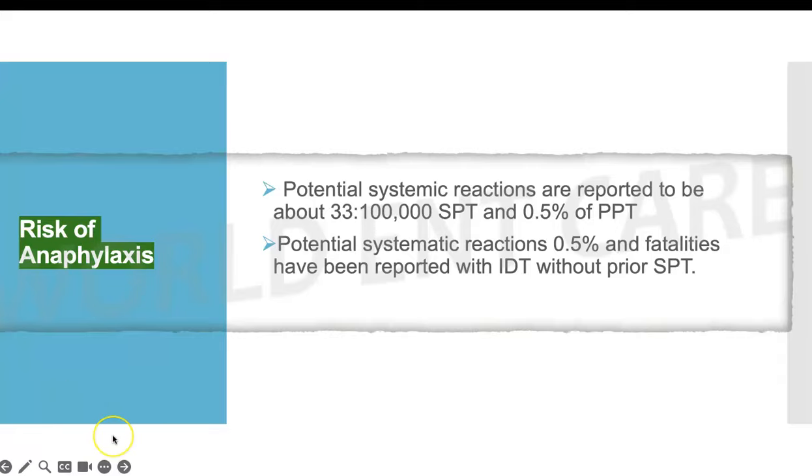Now, talking about the risk of anaphylaxis in SPT and various other skin tests, this is what is given in Scott Brown. The clear data about this is not given anywhere. As per various studies, the potential systemic reactions are reported to be 33 in 1 lakh SPTs and 0.5% in prick by prick test, which was done in infants using fresh foods.